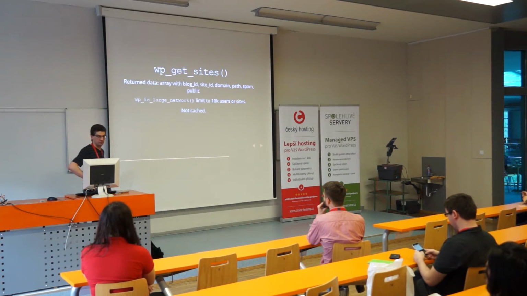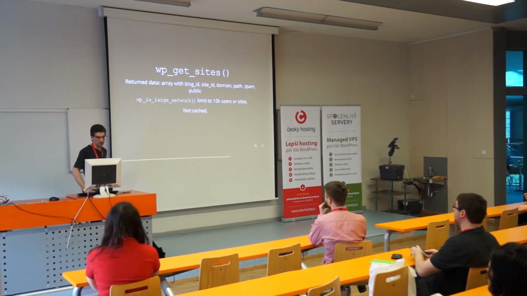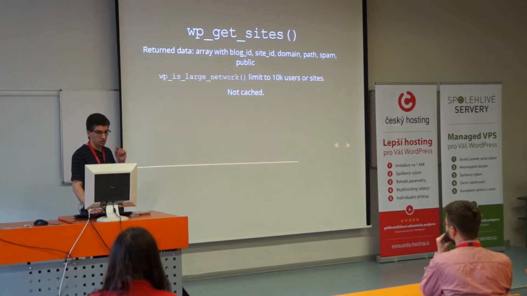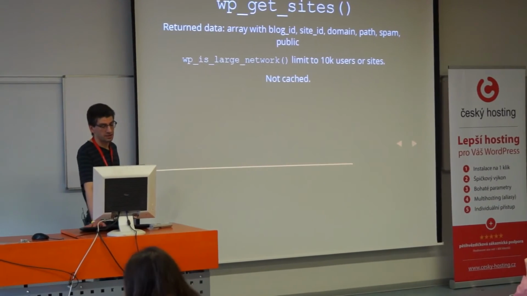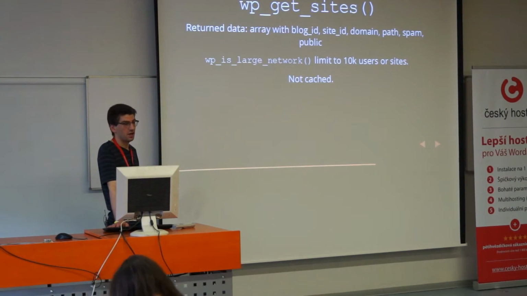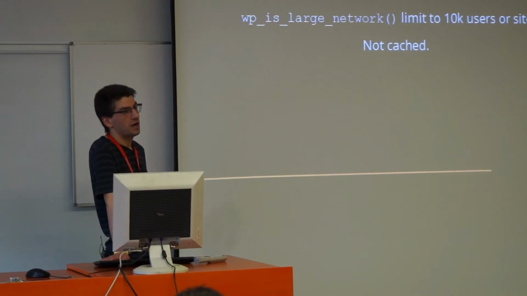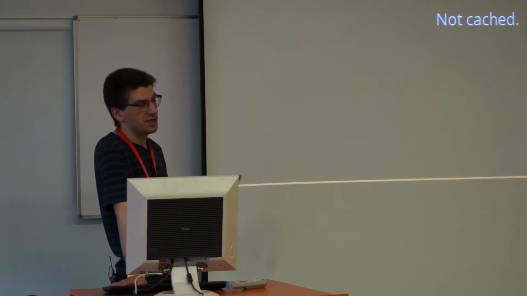And some other information like domain, path, is it a spam blog, etc. wp_get_sites calls wp_is_large_network in the background. That's a very interesting function because there are two hard-coded limits, 10,000 users or 10,000 sites. If one of both is true, you don't get anything from wp_get_sites. You get an empty array. You don't even get information about the main site. You get nothing. Not an error, just an empty array.